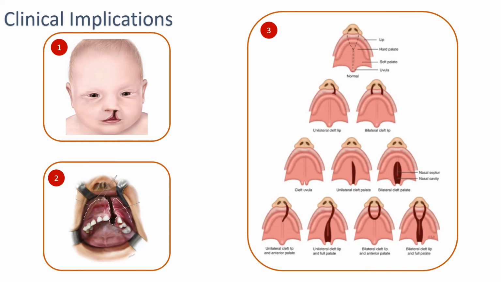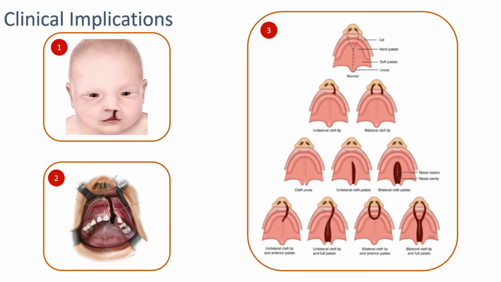So remember, we have the incisive foramen, right? I mentioned a minute ago that it's considered the dividing landmark between the hard and soft palates. It's also the dividing landmark between anterior and posterior cleft deformities.